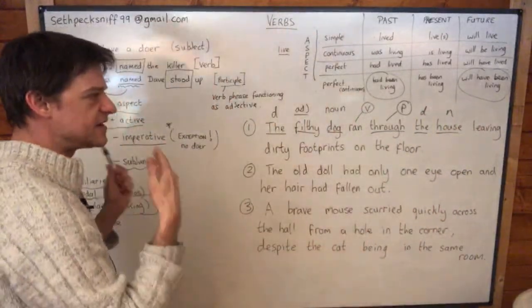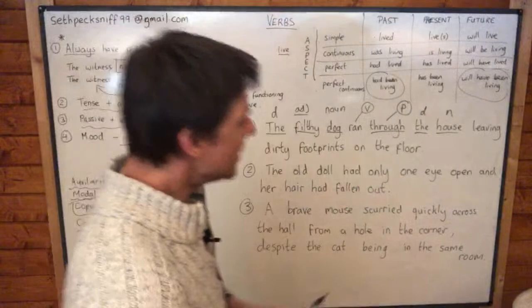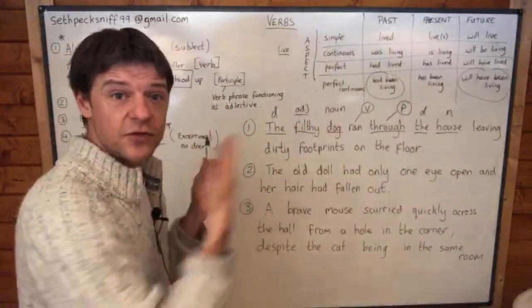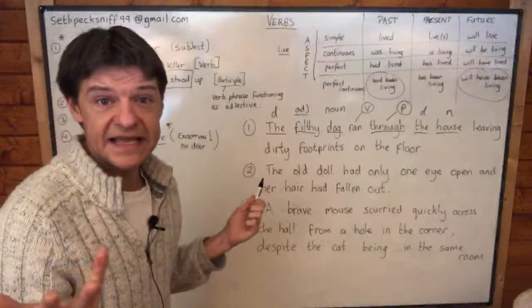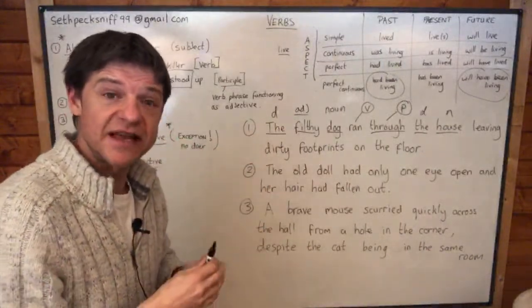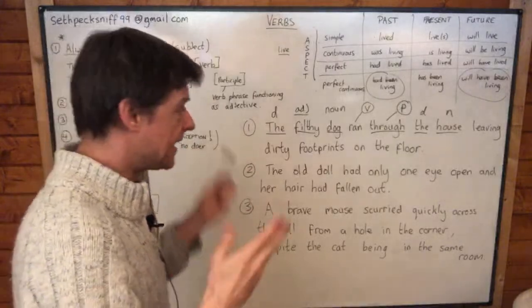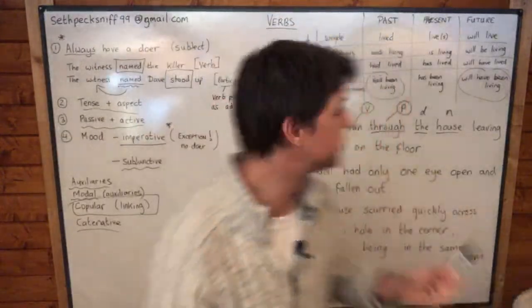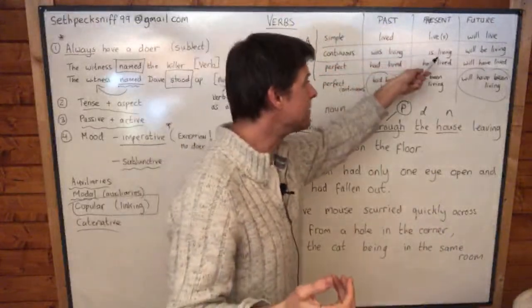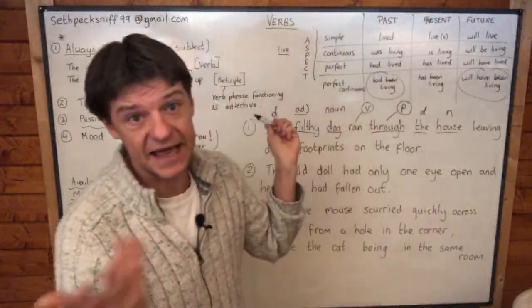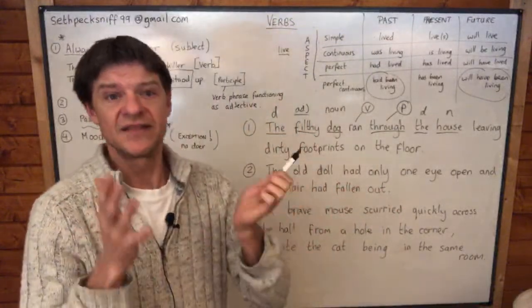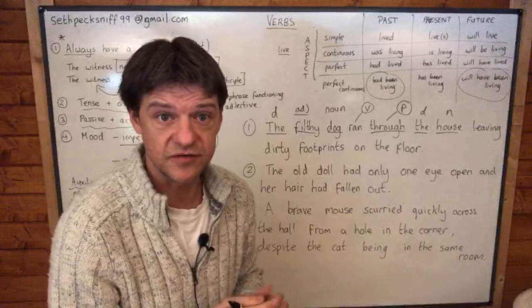Okay, so we've got the filthy dog ran through the house. Then we've got this word leaving. Now, my son thought that this was a verb, and to leave, it looks like a verb, doesn't it? It really does look like a verb. And of course, there is a verb: to leave. I leave, he leaves, I am leaving, I was leaving, I had left, I had been leaving. You can put it into lots of different tenses. That's showing you that it sometimes functions as a verb.